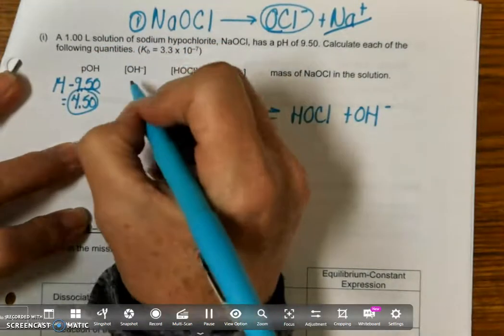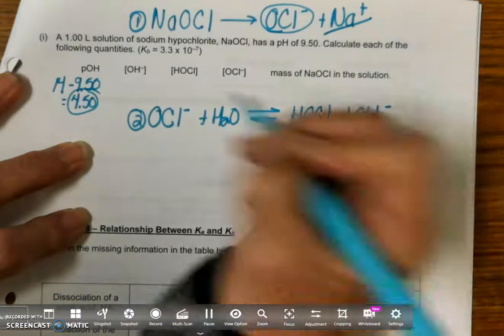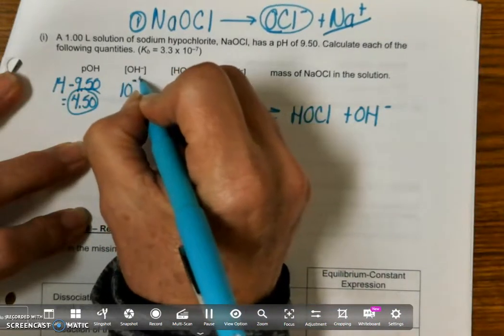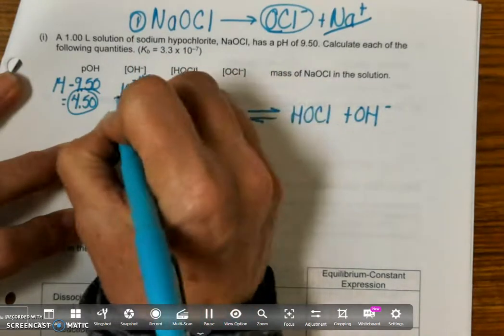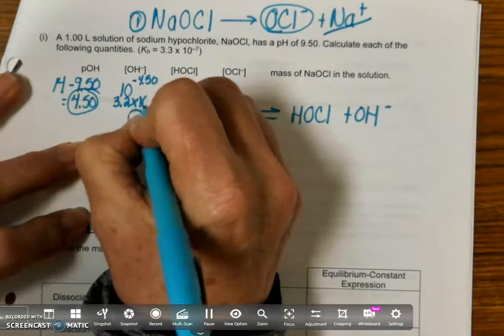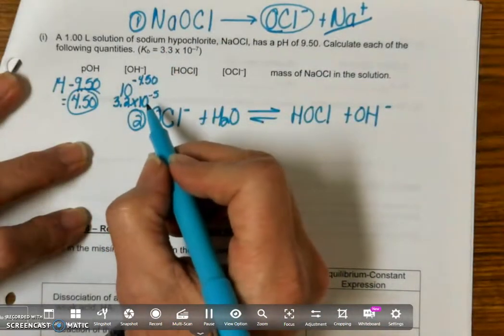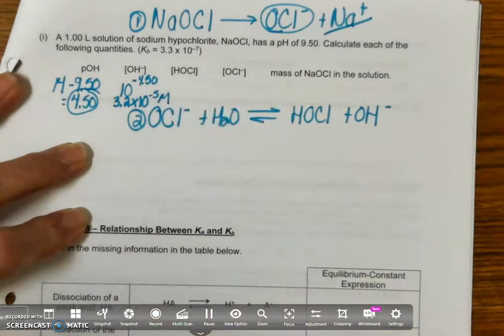If I want to find the hydroxide concentration, then I'm going to take 10 to the minus 4.50, and that's going to be 3.2 times 10 to the minus 5 molar. Okay.